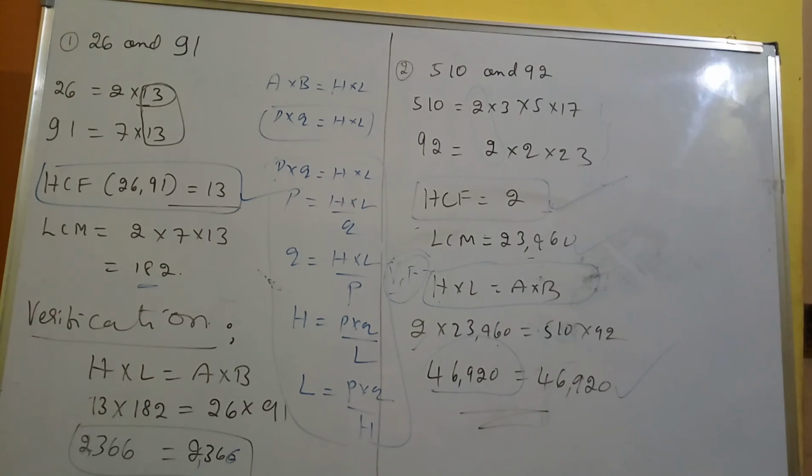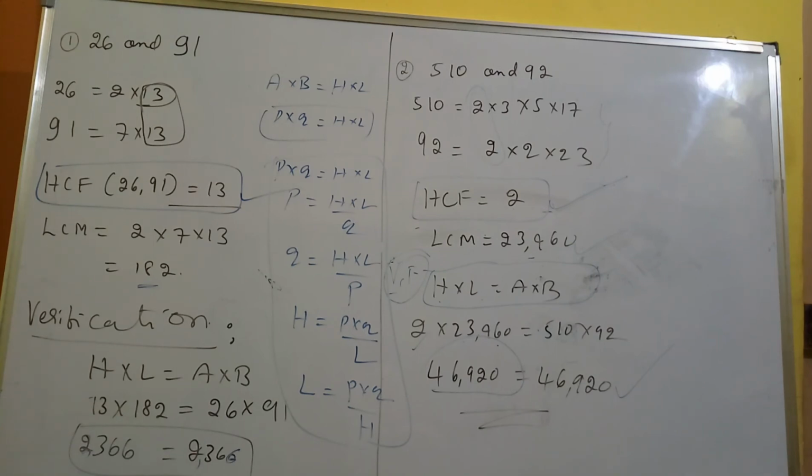What is Euclid's division lemma? Given positive integers a and b, there exist unique integers q and r that satisfy a is equal to bq plus r, where r is always greater than or equal to 0 and less than b.